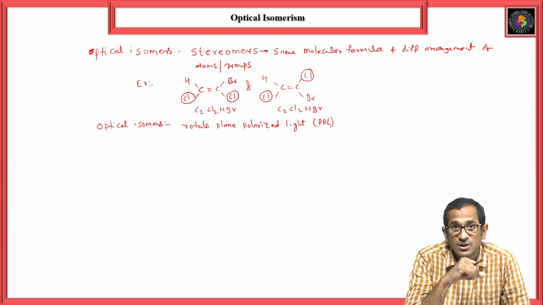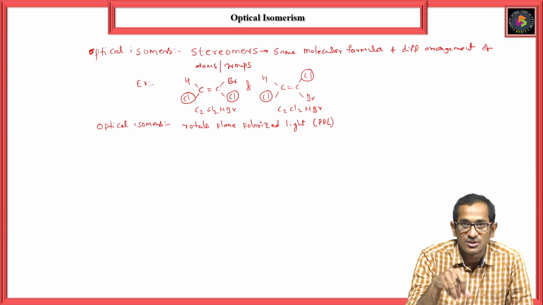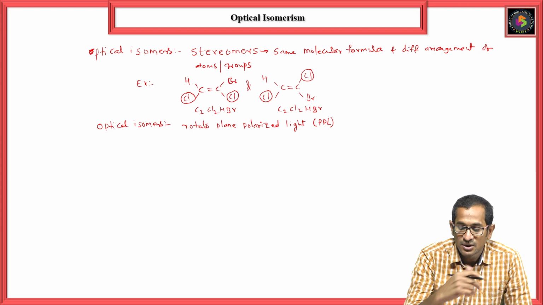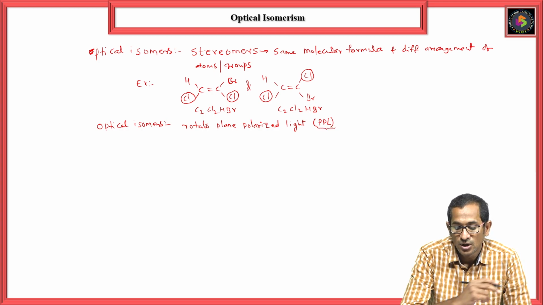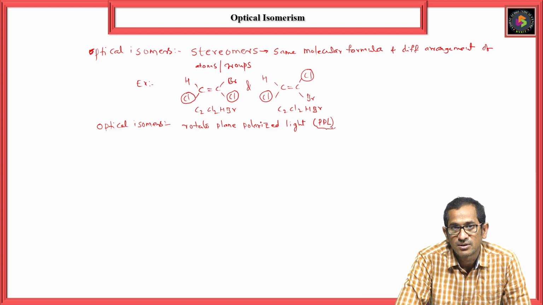Such compounds are called optical isomers. Before entering into detail, first we have to know about plane polarized light.